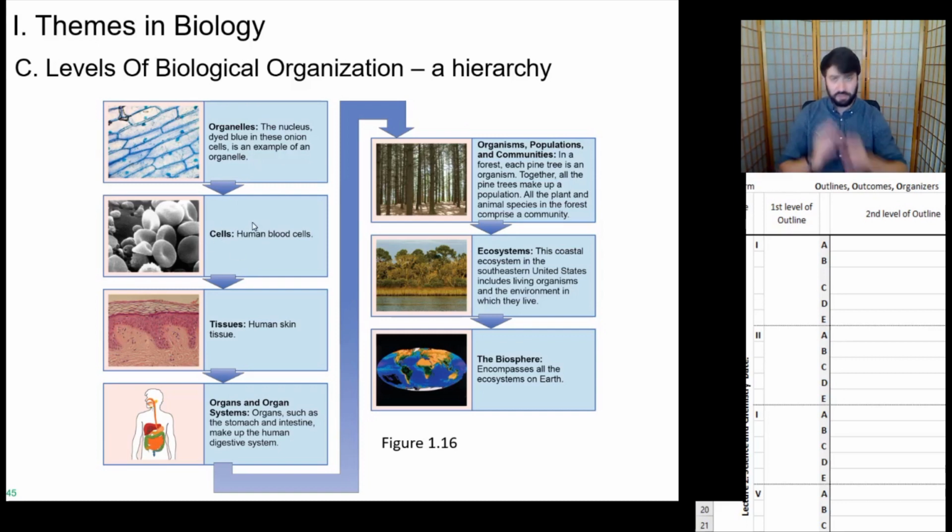Now you take a bunch of different cells, put them together and you start developing tissues like the human skin or muscle tissue or bone tissue. Now, when you take lots of different tissue types and combine them, you can actually start making organs or organ systems. Okay? And of course, if you take a bunch of particular organ systems together, you develop an organism.